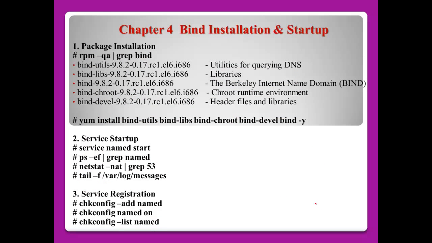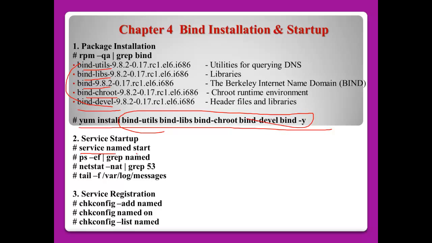Chapter 4, BIND installation. If we want to set up the DNS server using BIND, you need these packages: bind-utils, bind-libs, bind-chroot, and bind-devel. If you don't have these packages, install them using this kind of command with the package name. After that, start the service and check the process and the port number.